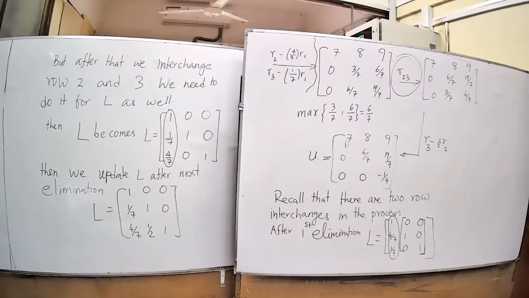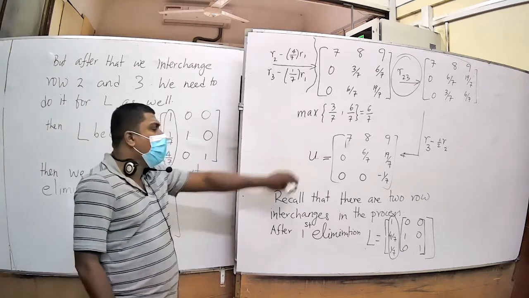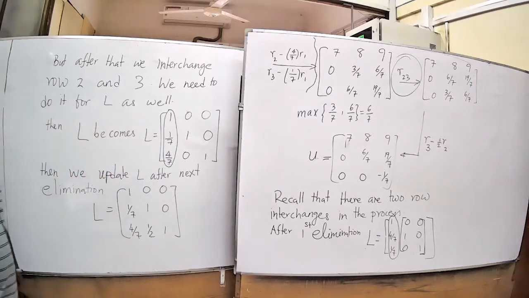So this is important. It is not just like Gaussian elimination. In Gaussian elimination with pivoting, you have to be careful with your L and P. U is okay, you will always get this U. But when you get L and P, you have to be careful.